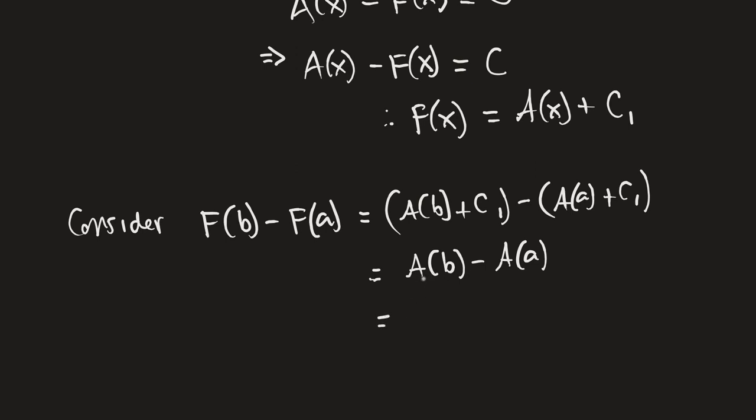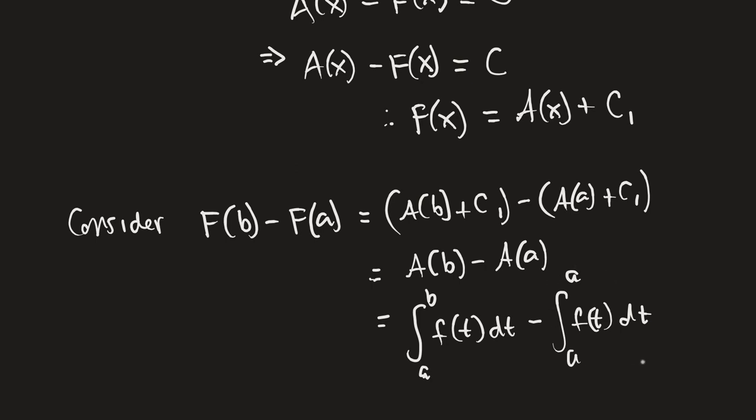But remember what A represents: our area function. The first part is the integral from a to b of f of t dt, and then minus the integral from a to a of f of t dt. But this is a property we've used several times now: this definite integral has to be equal to 0.